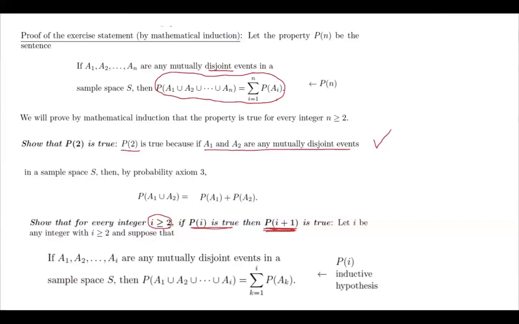Let us begin. We have our inductive hypothesis, which is P of i. We say suppose this is true. If you have mutually disjoint events, then the probability of A1 union A2 union A3 union up to A sub i is equal to the summation of their probabilities.